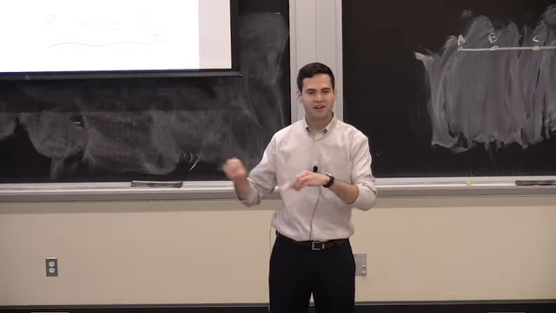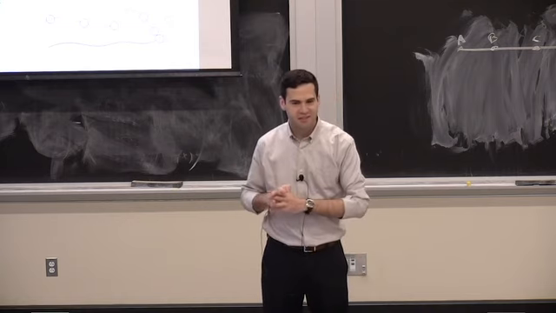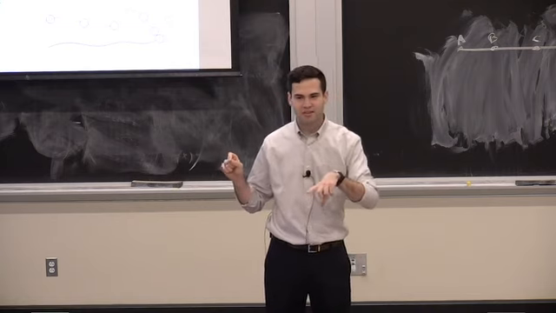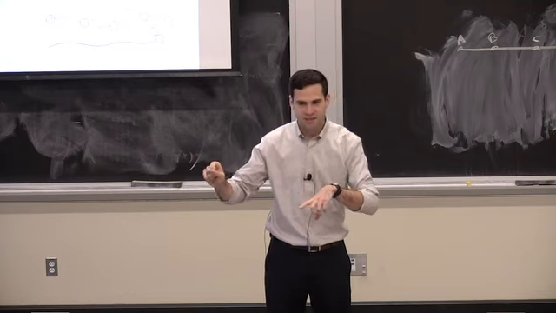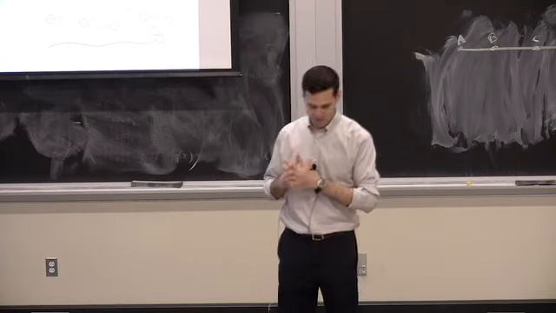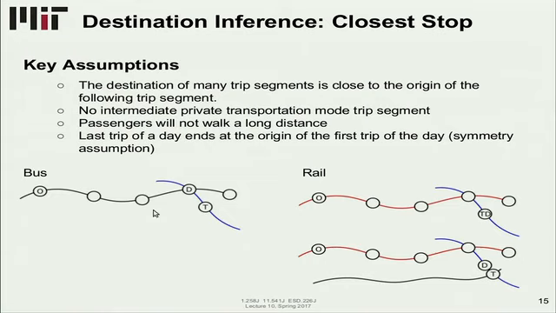So we'll look at which stop on the trip you boarded was closest to the next origin, and we'll infer that is the destination. That's what we show here in blue, right? We have an origin on this bus line. We want to infer which of the downstream stops is the destination. Then we look at the next trip, and the next trip started at T, the target.